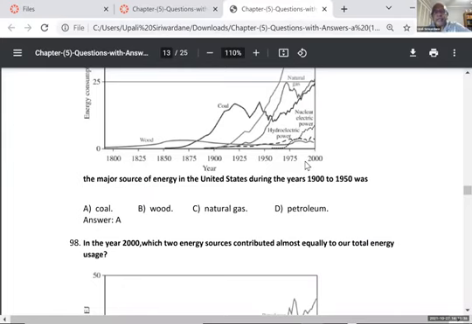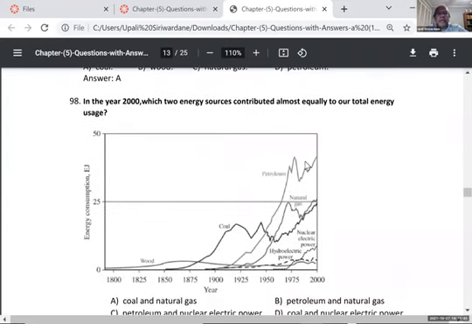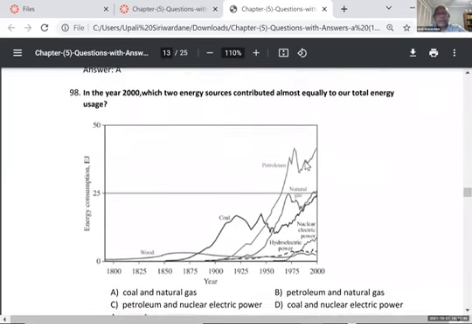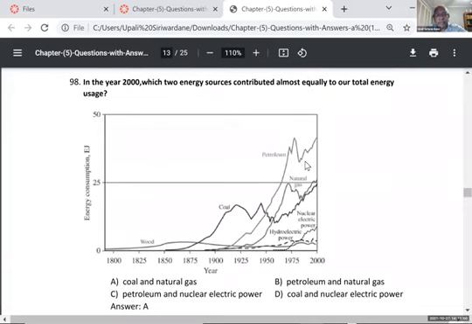You look at the diagram, in that range the major one is coal. Different times, different sources. In the year, various sources contributed to our total energy.